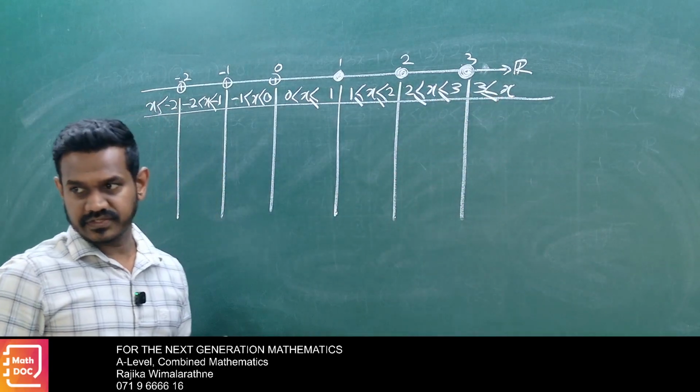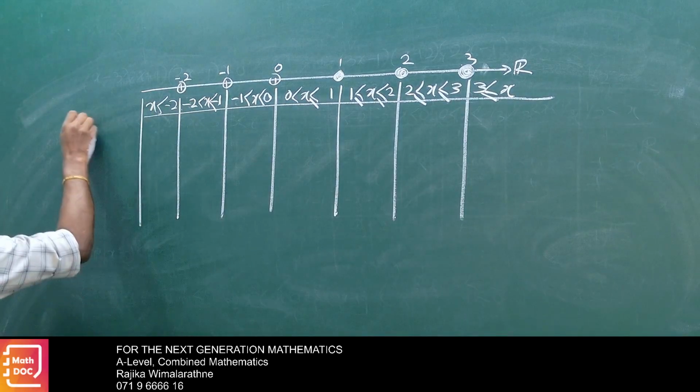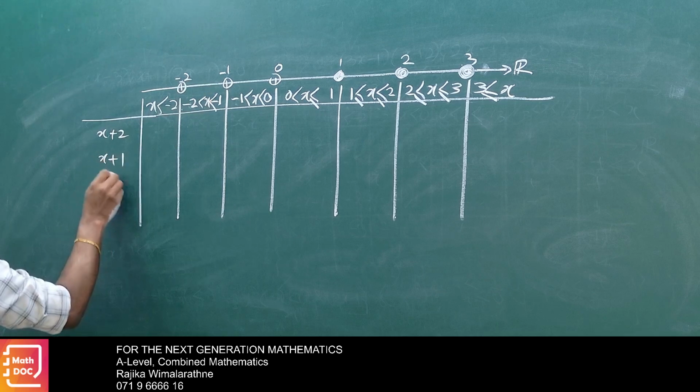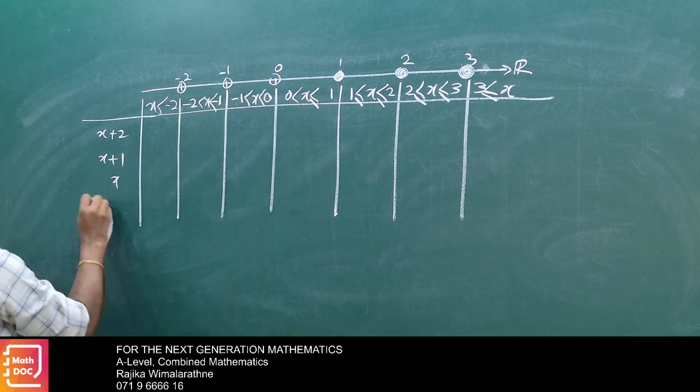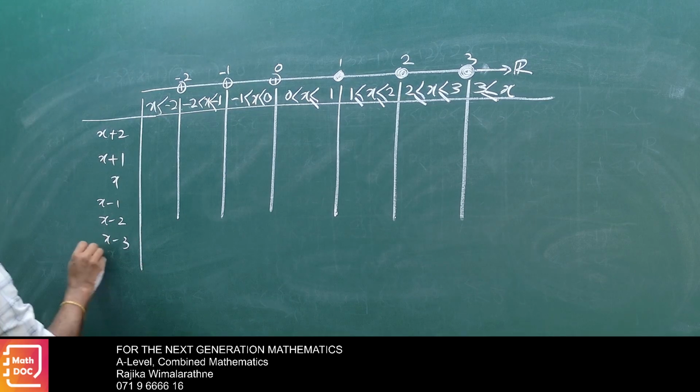Remove denominator zeros. Now start with x plus 2, then x plus 1, then x minus 1, x minus 2, x minus 3.